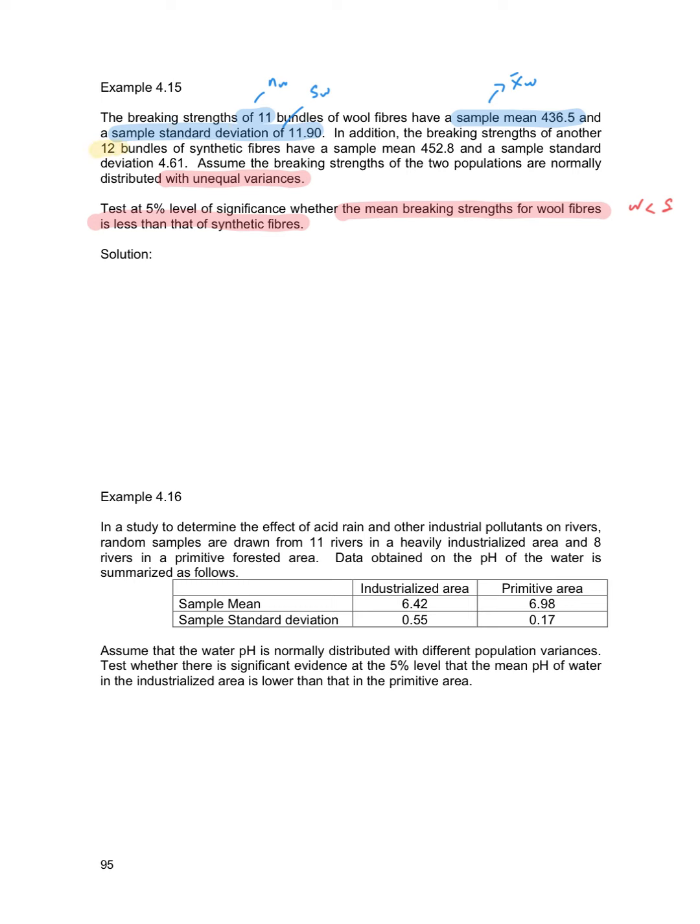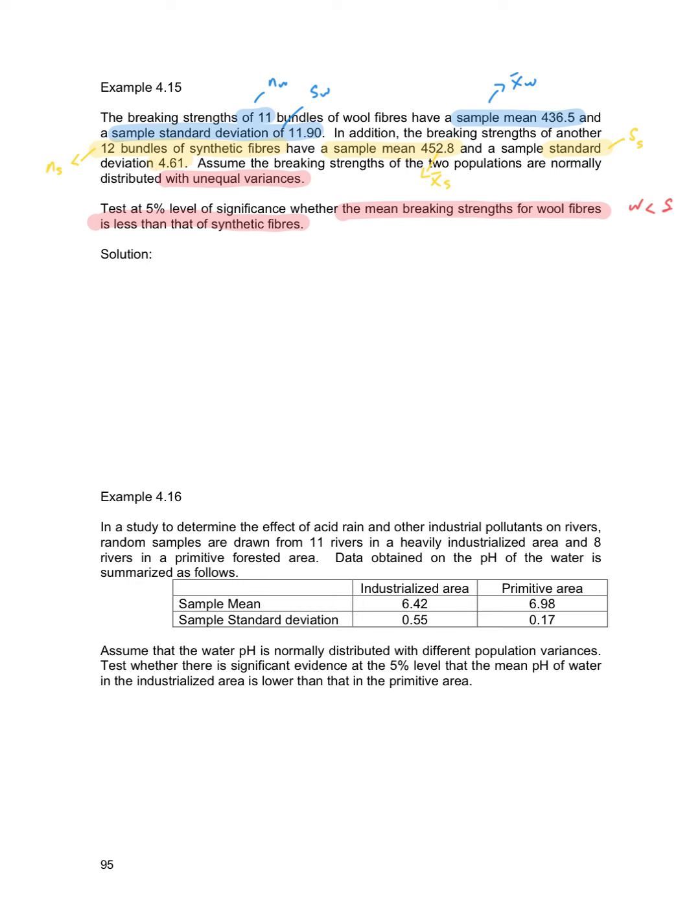We have 12 synthetic fibers, sample mean 452.8, sample standard deviation 4.61. So this is N for synthetic, X bar for synthetic, and S synthetic.